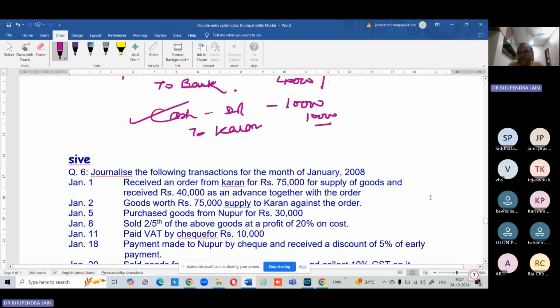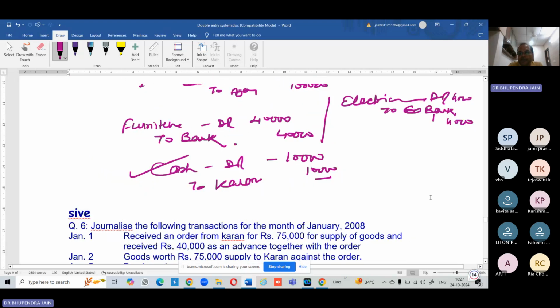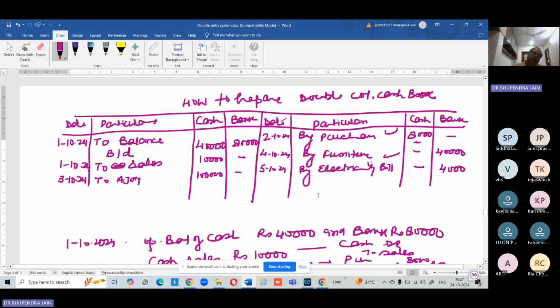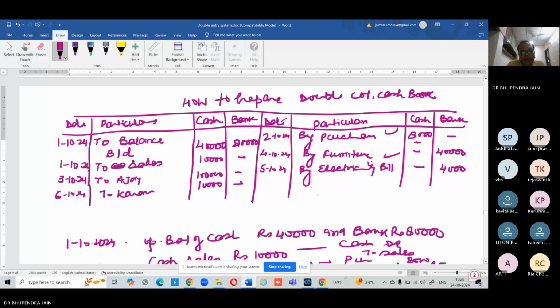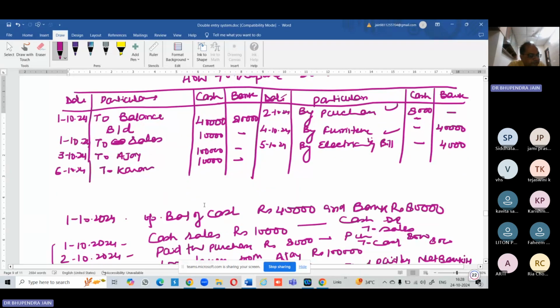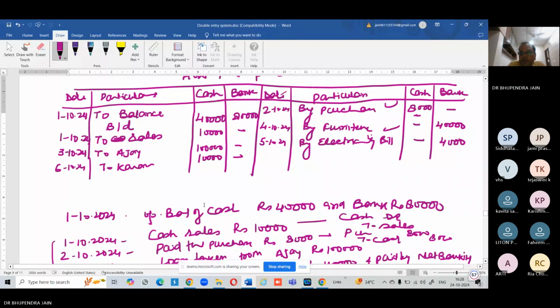So record the transaction in the debit side in the cash column. लिखेंगे बेटा, the date is 6th October 2024. लिखेंगे to Karan, in the amount column 10,000. Now we have recorded all the transactions in the cash book.